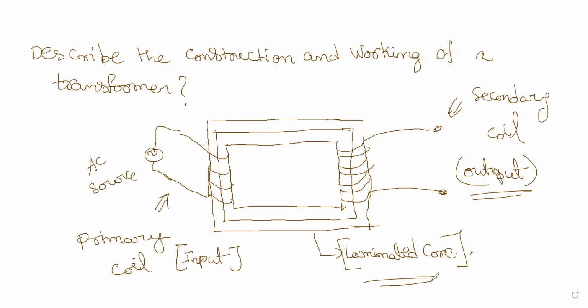So the metal itself is made like a thin film or a thin sheet. That is to decrease the eddy currents. We'll read that, why we use a laminated core. All these things we'll read today. Now, can I clear this?